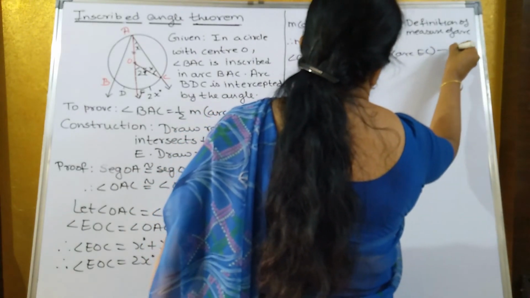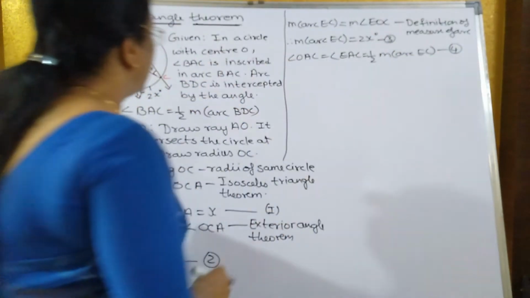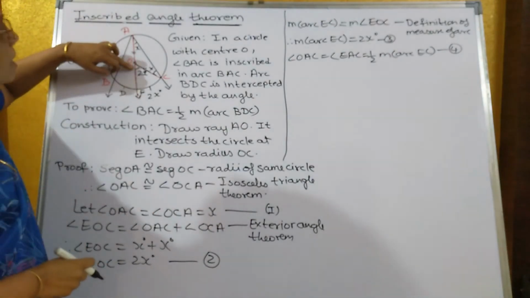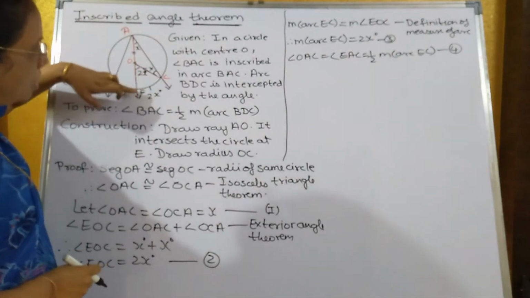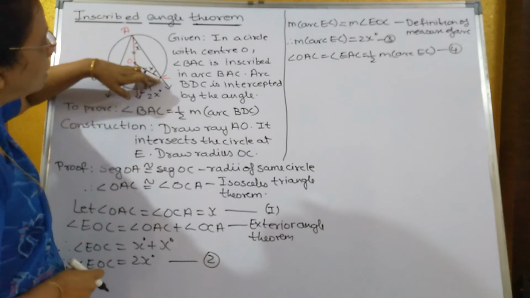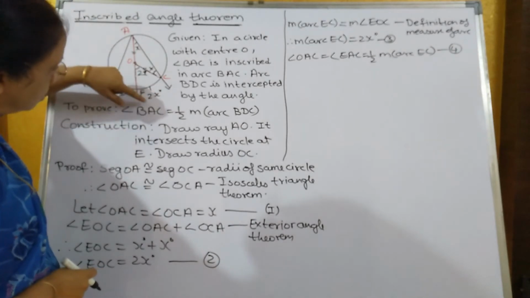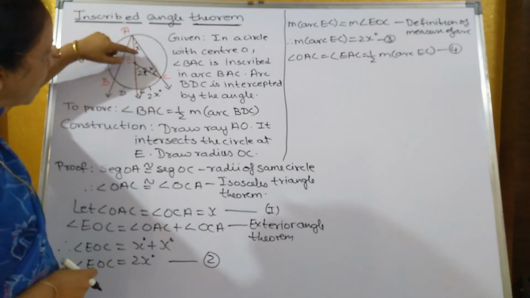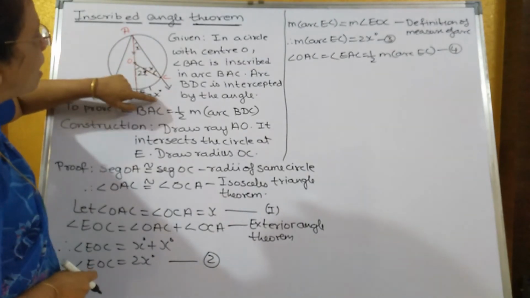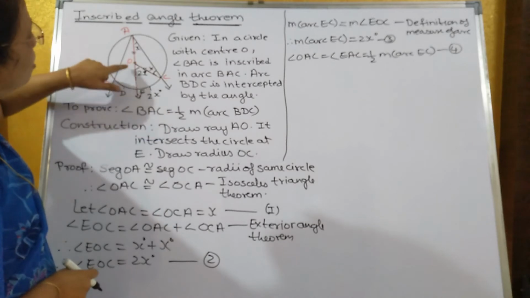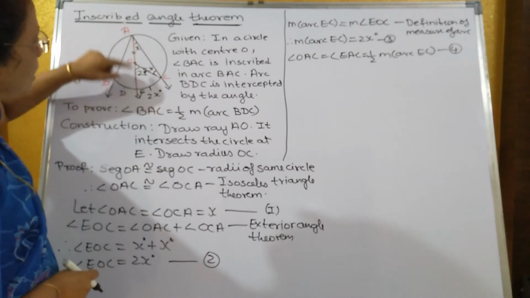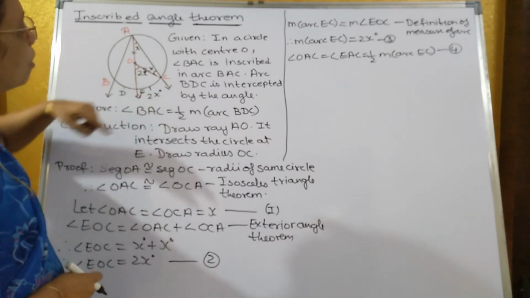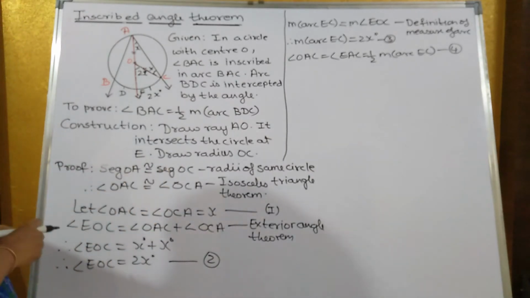Let this be 4. So once again I'll repeat, central angle is 2x. Therefore the minor arc is also equal to 2x. Now this is 2x, this is x, so angle EAC is half of arc EC. So that is the fourth point.